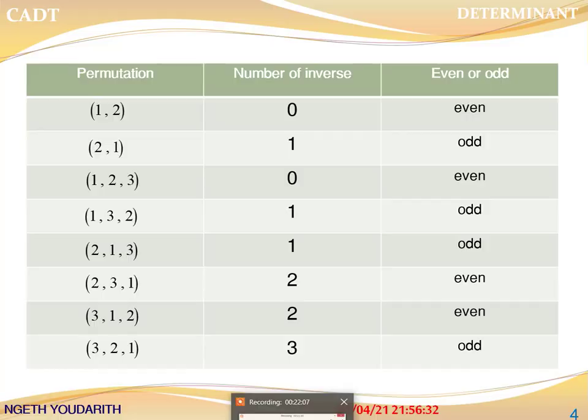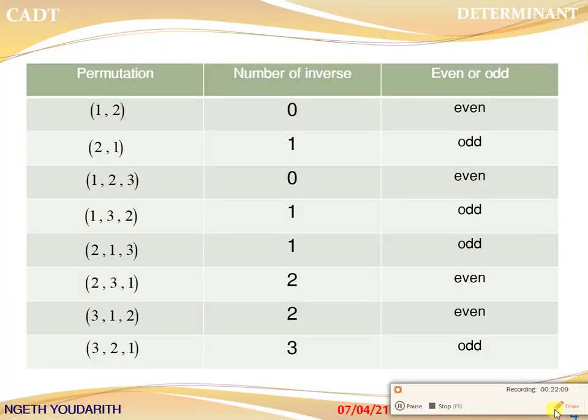Even or odd. This is also our starting point. This kind of permutation starts from number 1.